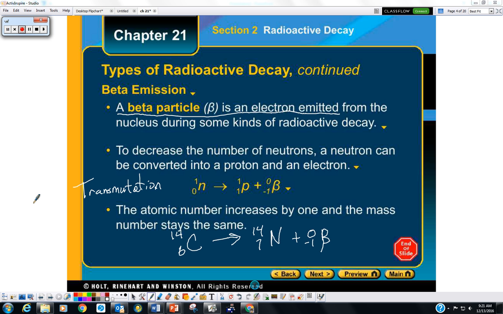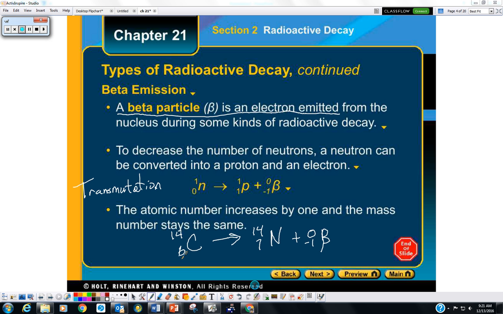In a beta emission reaction, you would see something like carbon-14, which is what we use for radioactive dating, or radiocarbon dating. Carbon-14 undergoes a beta emission, so an electron is emitted out of the nucleus, taking one of those neutrons and converting it into a proton.